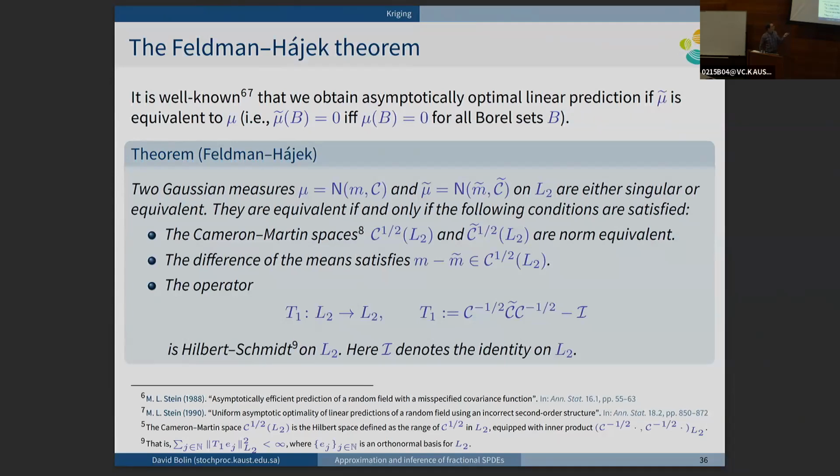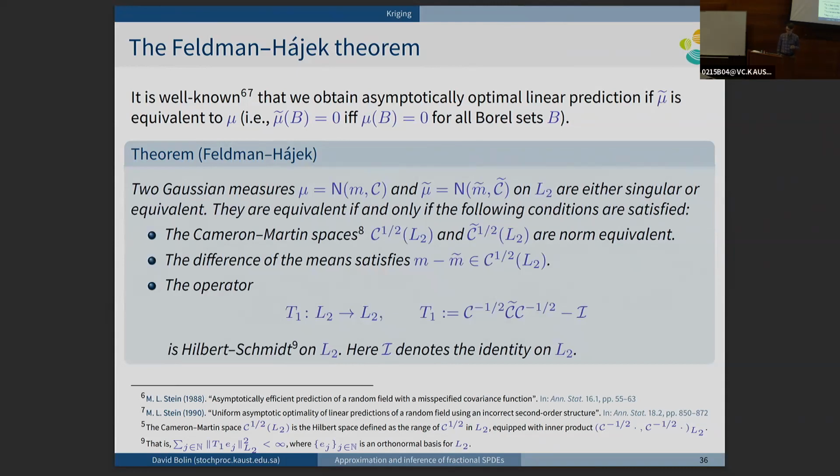Second, the difference between the mean functions is smooth enough, meaning that the difference should be in that Cameron-Martin space. And finally, the most technical assumption says that the operator T1, which involves the true covariance operator and the misspecified one, minus the identity, should be Hilbert-Schmidt on L2.